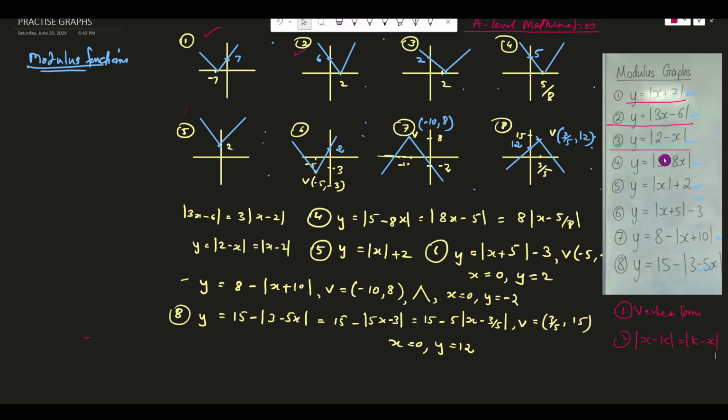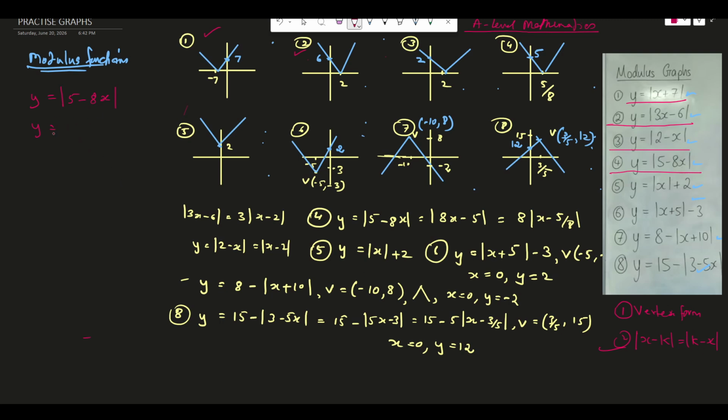So that was the third question. Let us go to the fourth one: y is equal to modulus of 5 minus 8x. Here again I am going to use the same rule, modulus of x minus k is equal to modulus of k minus x.